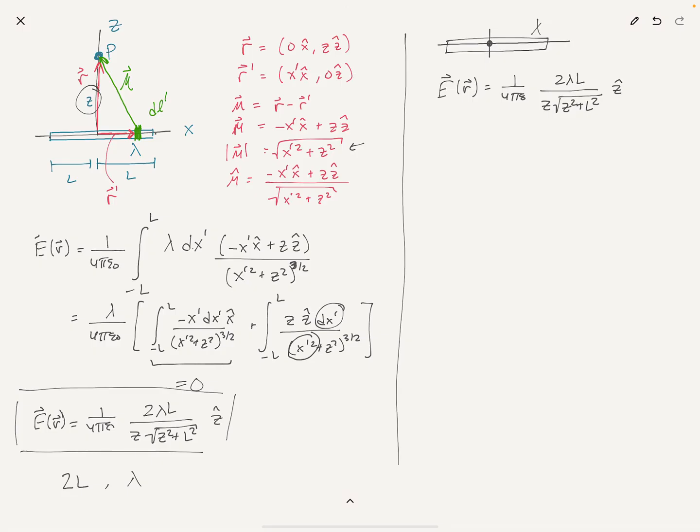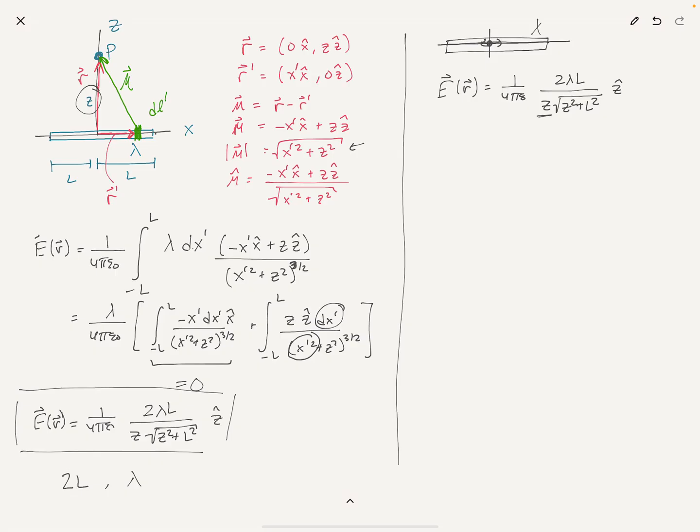Okay. What happens if I set Z to 0 here? I think it's pretty complicated, right? So physically, I would expect that all of the electric fields from the left side will be pointed in the right direction, and all of the electric fields from the right side will be pointed in the left direction, and everything will cancel out.